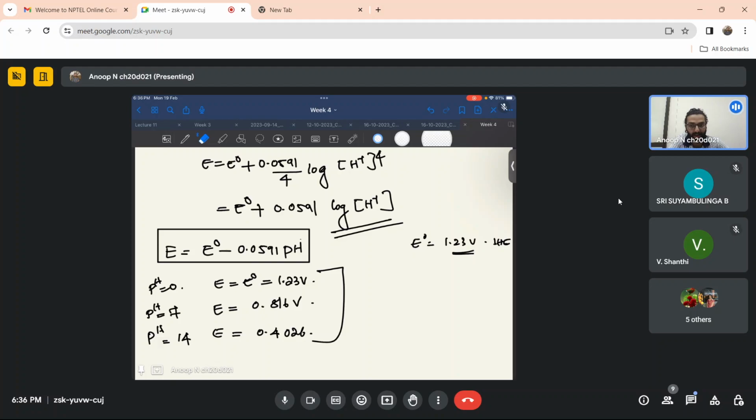So understand this, the potential will be a function of solution pH also. So we will introduce something called the reversible hydrogen electrode, which will incorporate the effect of pH also.